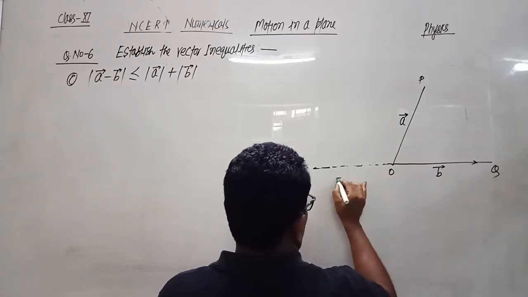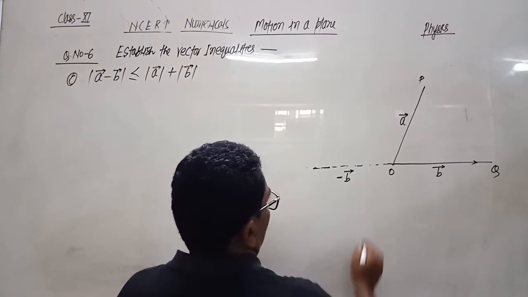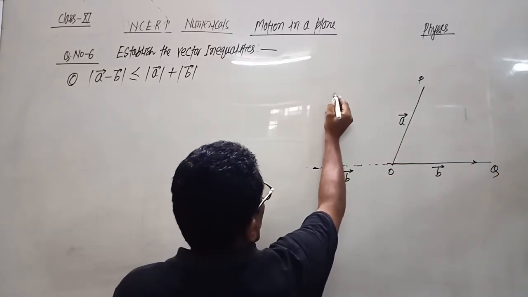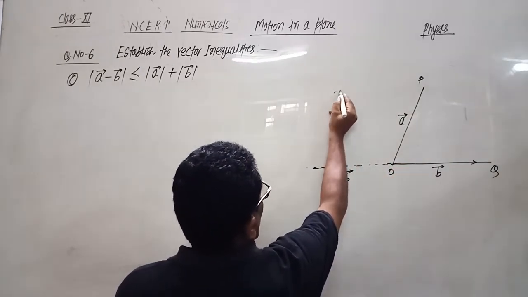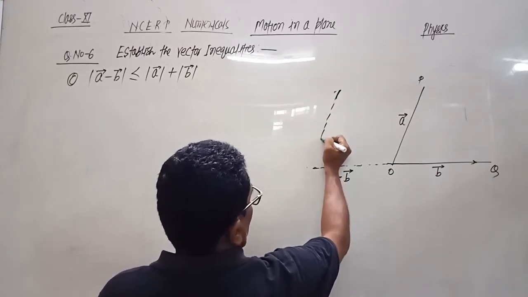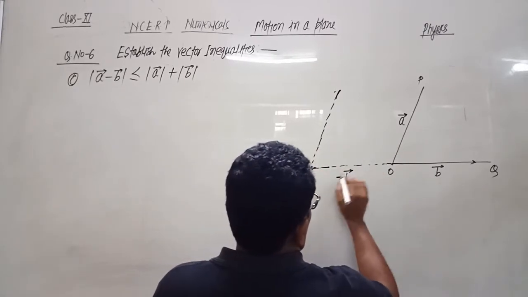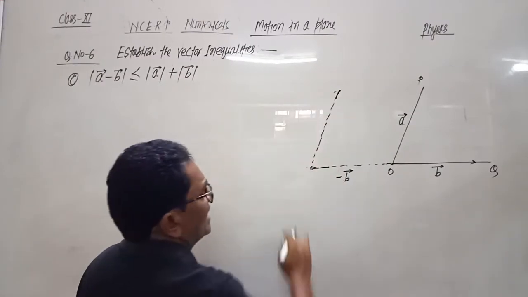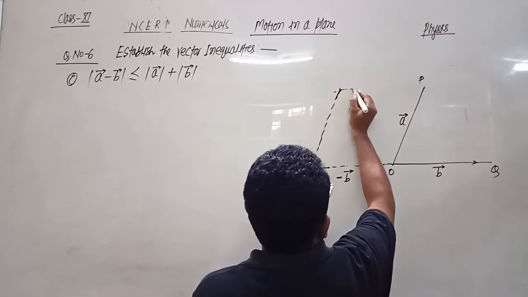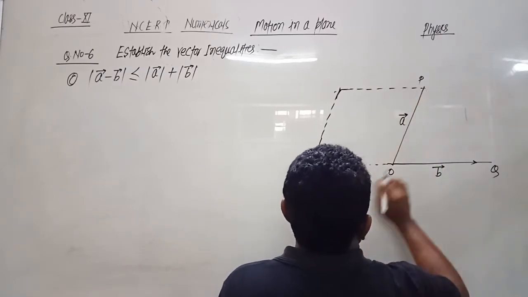If it is vector B, then this will become vector minus B. And parallel to OP, draw another vector, and then draw a line parallel to this vector.